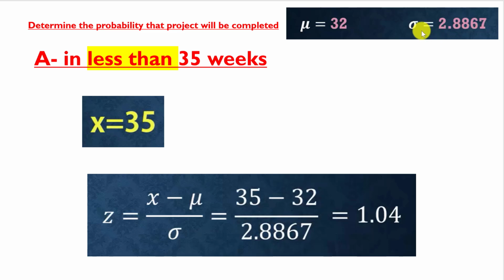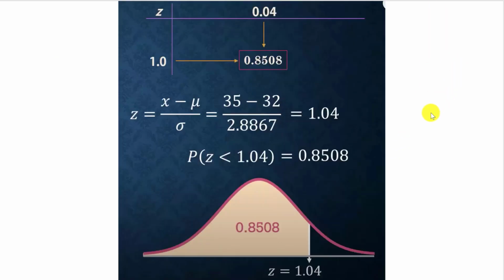And we calculated sigma, or standard deviation, that equals 2.8867. So z equals x minus mu divided by sigma, equals 35 minus 32 divided by 2.8867, which equals 1.04.